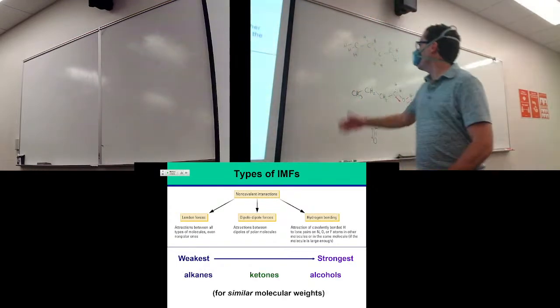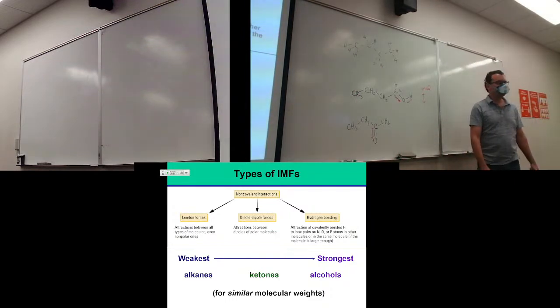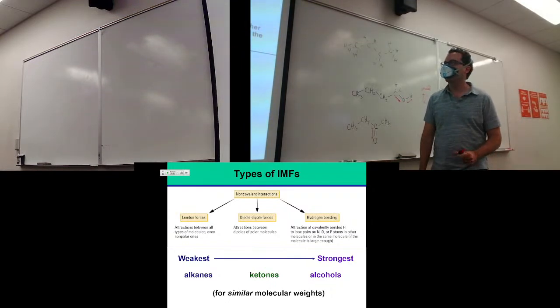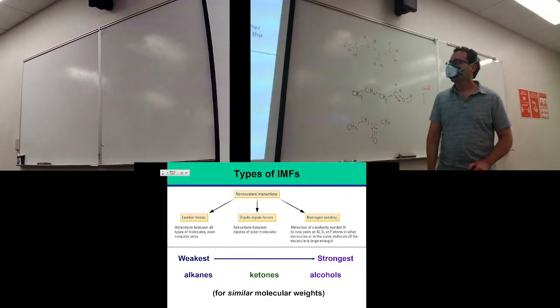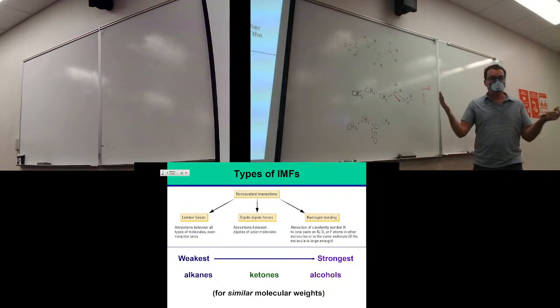According to what we just looked at, alkanes only do dispersion forces. They only do London forces. They don't have any dipoles, so they have weak IMFs, and we saw that with the boiling points. The ketones only do dipole-dipole forces, which is fine. That's pretty strong, and that's why you have a higher boiling point.